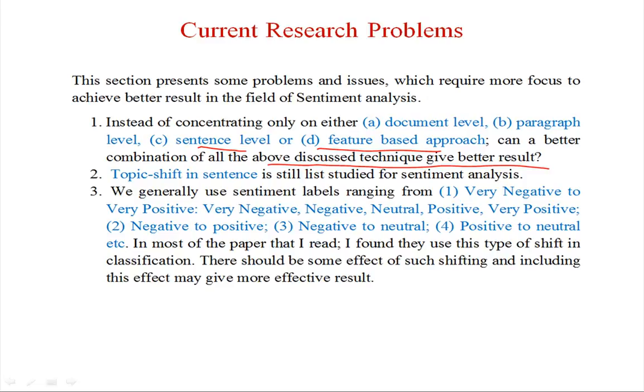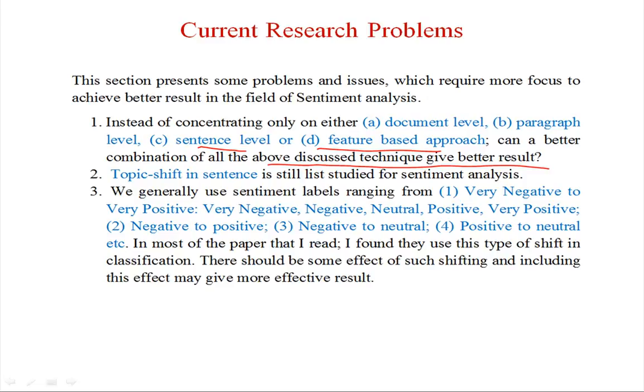And third, we generally use sentiment levels which range from very negative to very positive: very negative, negative, neutral, positive, very positive, negative to positive, negative to neutral, etc. In most of the papers that I read, I found that they use this type of shift in classification.